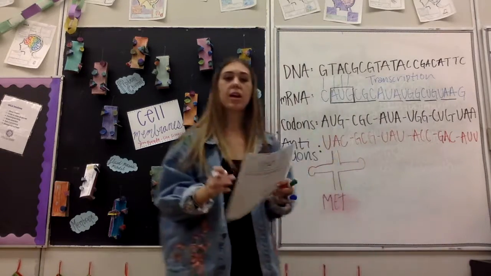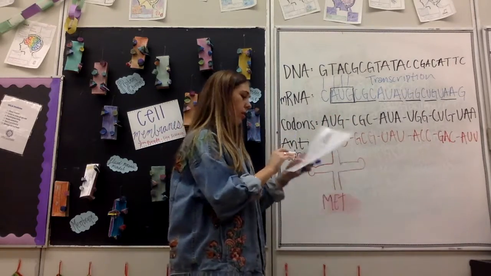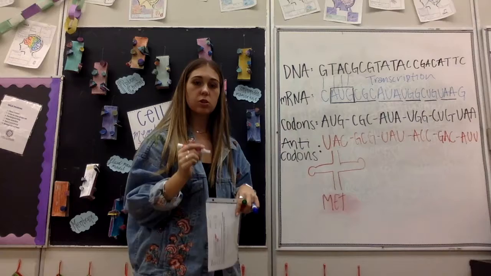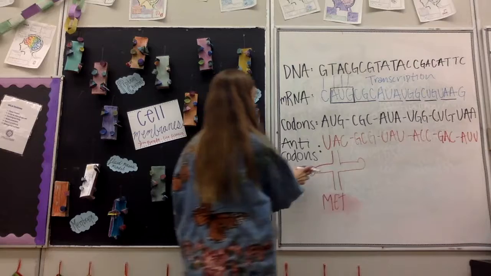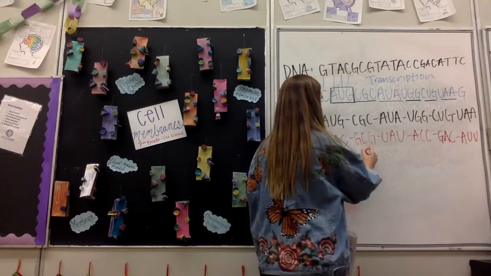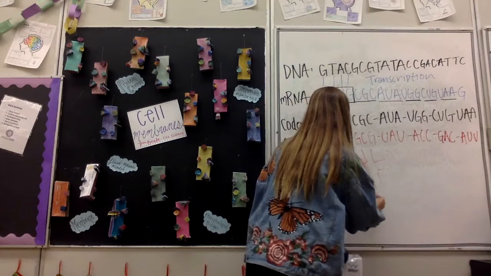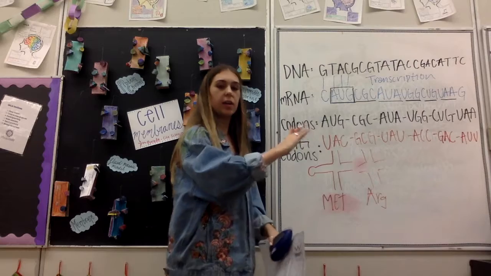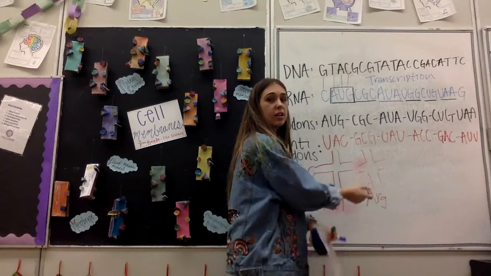Okay, my next one. I'm looking on my chart. I see CGC is my codon. Okay, so C, G, C is ARG. So what happens is the tRNA, a little bit smaller, the tRNA here that has ARG attached to it is going to come up to the mRNA, bring the ARG with it, and that's why the anticodon is important, because it's attached to this tRNA.